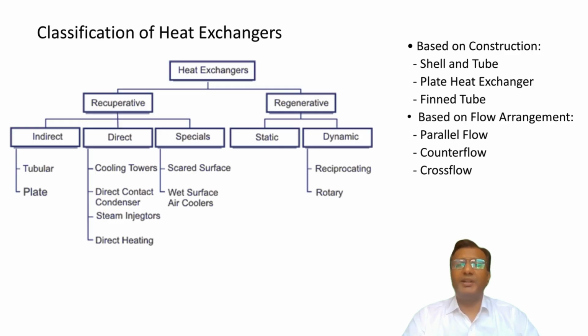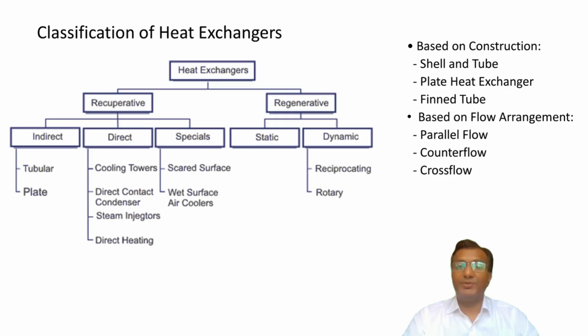By flow arrangement, heat exchangers are categorized as parallel flow, counter flow, or cross flow. Parallel flow has fluids moving in the same direction. Counter flow has opposite directions for high efficiency, and cross flow has fluids moving perpendicularly, common in radiators.